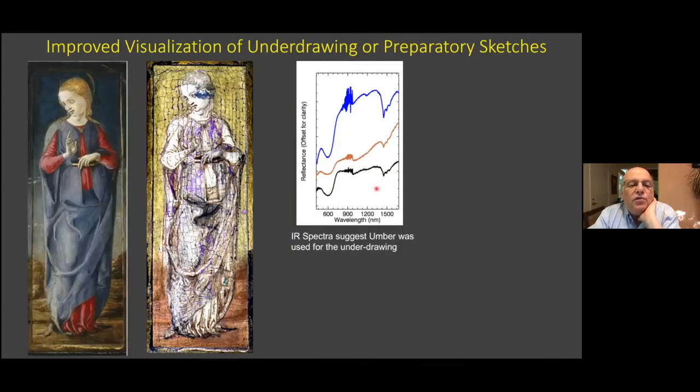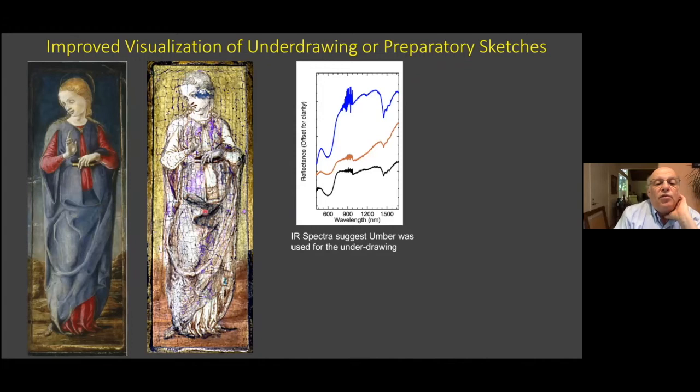Other things we can do is make a false color in the infrared. This is a very jumbled image, but what the conservators would be very interested in is getting the preparatory sketch done in a black pigment, or in this case, an umber. The purple is in paint. This black, we're not sure.